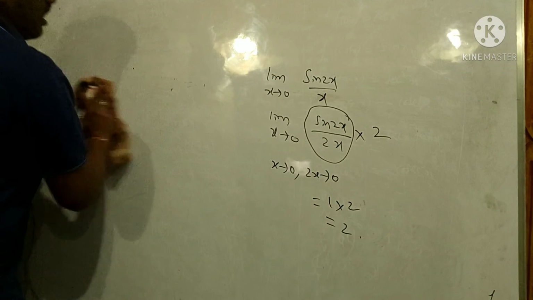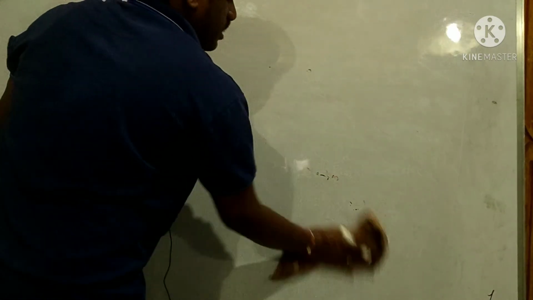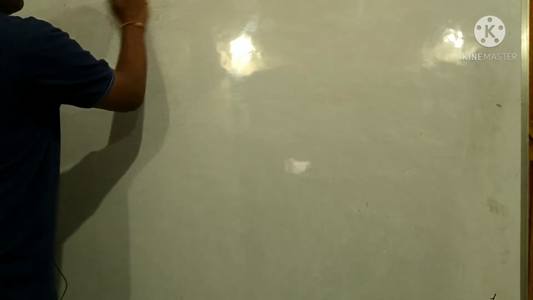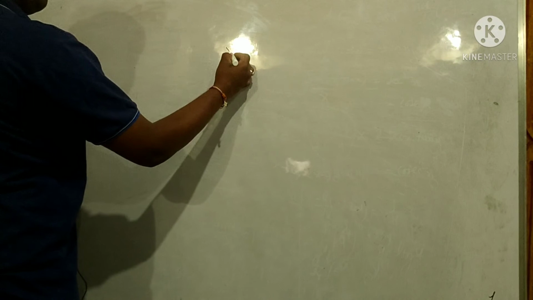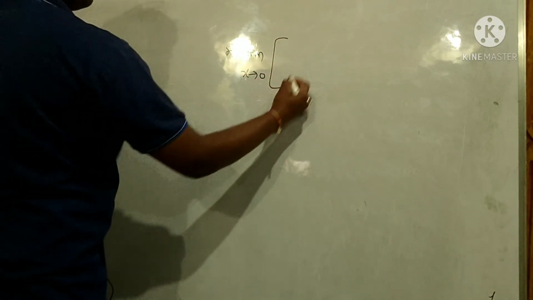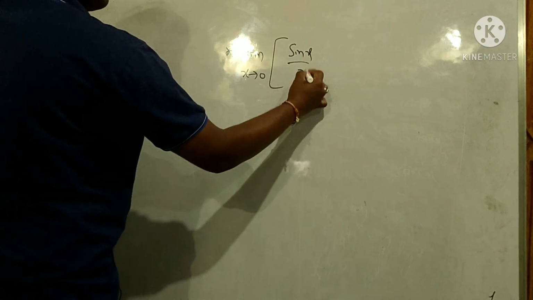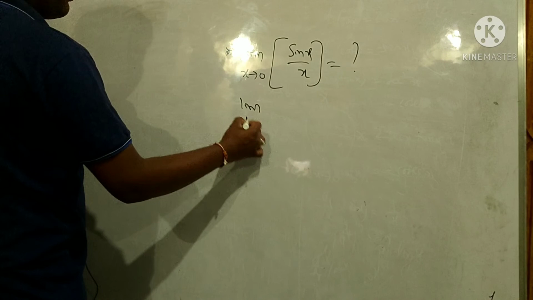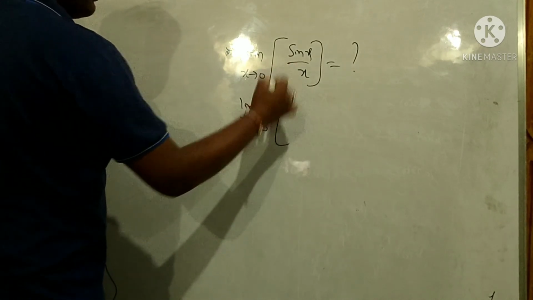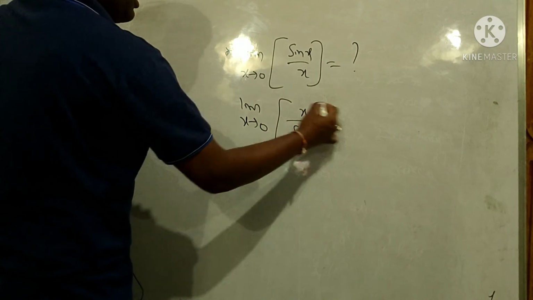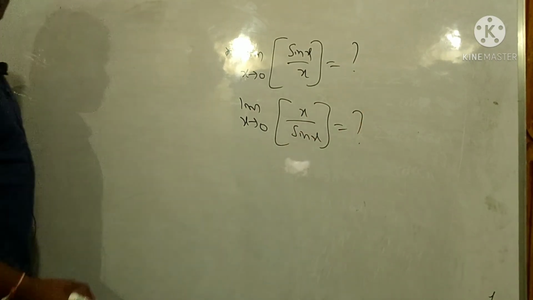Now one more thing I want to explain, a very important one for JEE. Limit x tending to 0, greatest integer of sin x by x is how much? Limit x tending to 0, greatest integer of x by sin x is how much? So these are very big question marks.